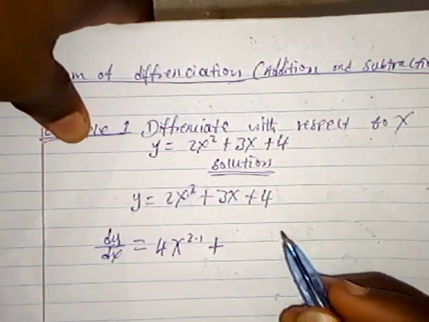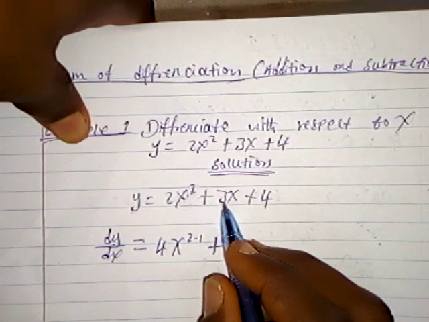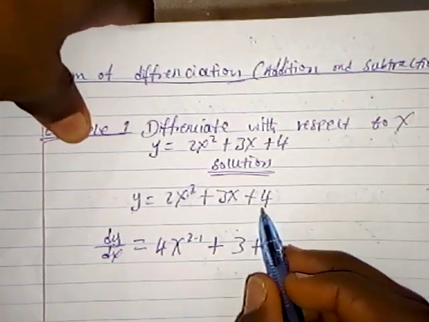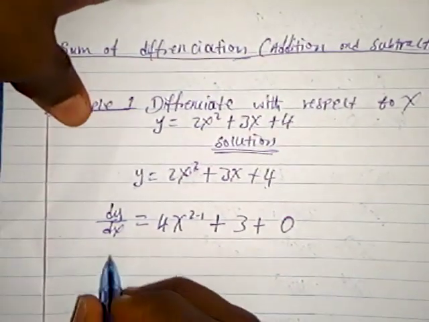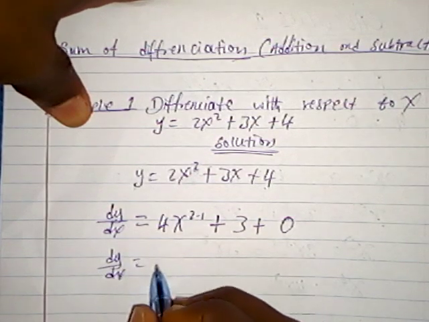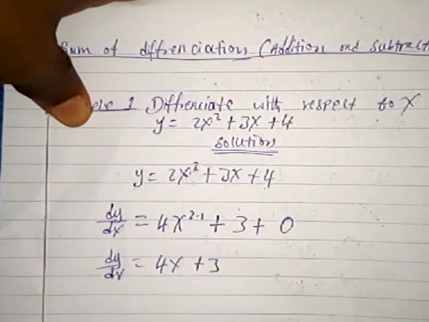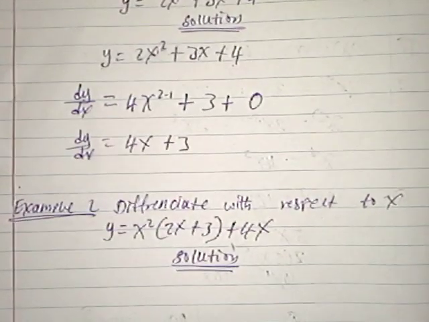Sorry, it's just the constant, right? So 3, the differentiation of 3x is just what? 3. Plus, the differentiation of a constant is what? 0. You see the rules that I explained previously. So dy upon dx equals what? Here is going to give you 4x, right? Plus 3. You see? That's the answer. We move to example 2, right?